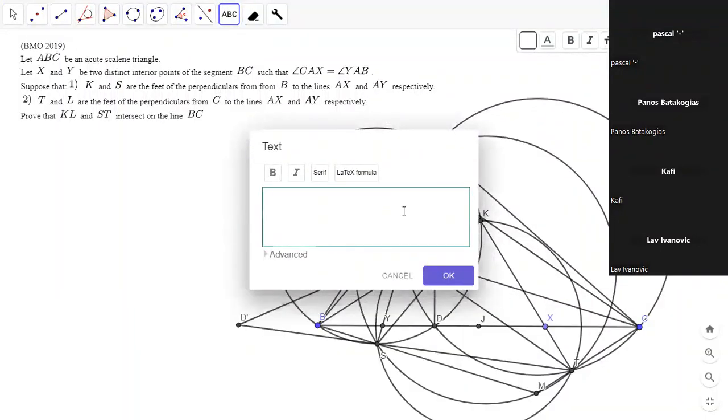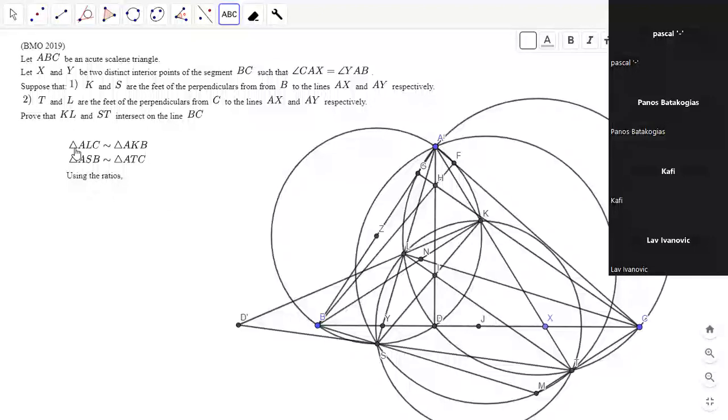I'm kind of assuming a bunch of things here, but ALC is similar to AKB, and ASB is similar to ATC, and using the ratios, I'm just going to abbreviate here. We would get SLKT is cyclic.